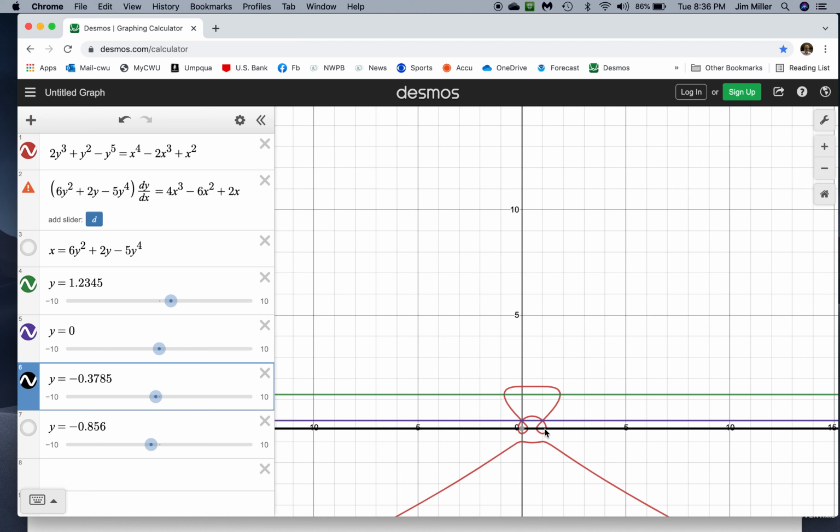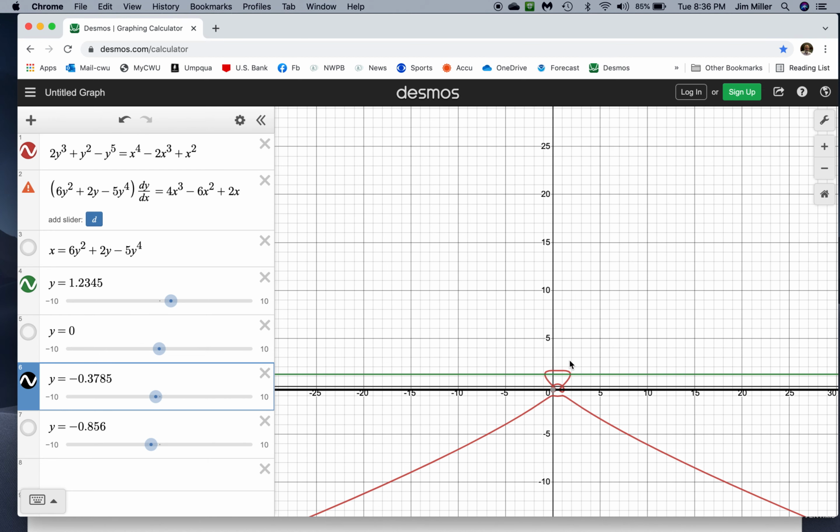And so there's 1, 2, 3, 4, none there, none there. So I can turn that one off. And so 1, 2, 3, 4, 5, 6 of them. Okay? So that's an idea of how you could solve number 6.